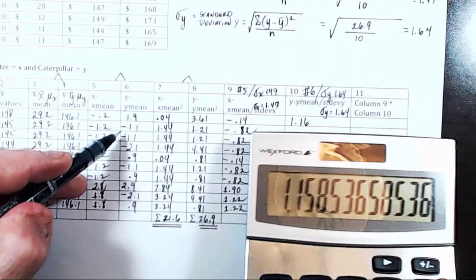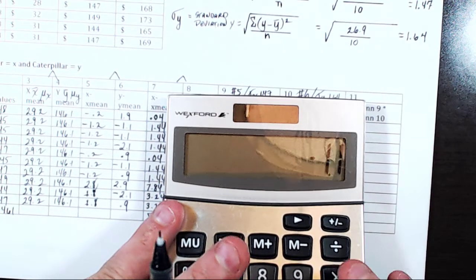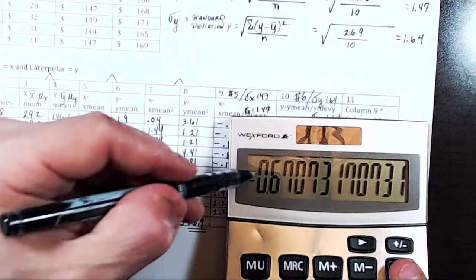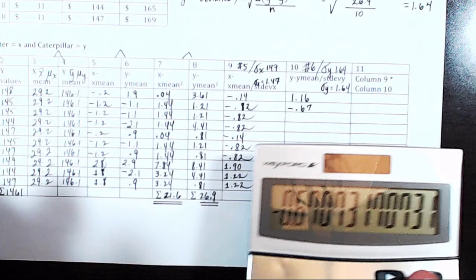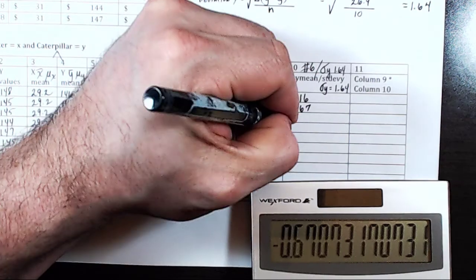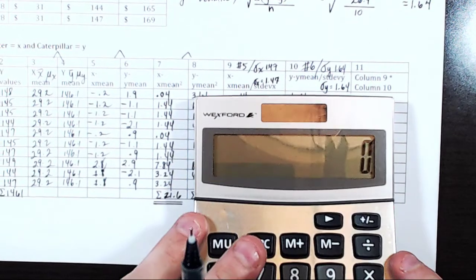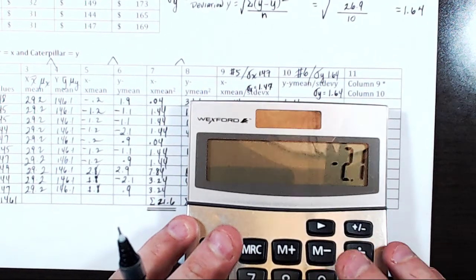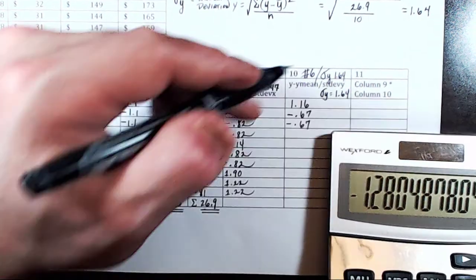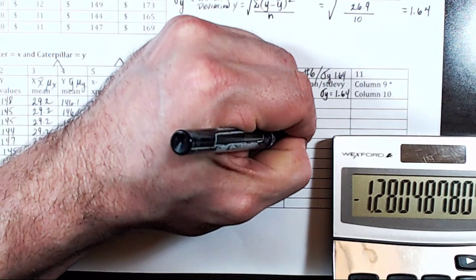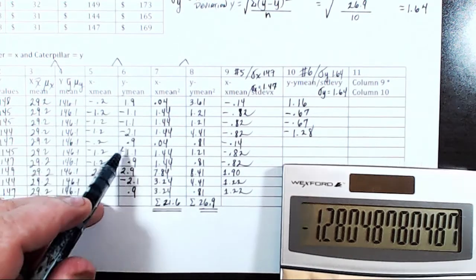And this is minus 1.1. I'll do minus 1.1 divided by 1.64, and I'll get minus 0.67. My next value, same thing, minus 0.67. We'll do minus 2.1 for the next one, divided by 1.64 equals minus 1.28. And the next value is 0.9.